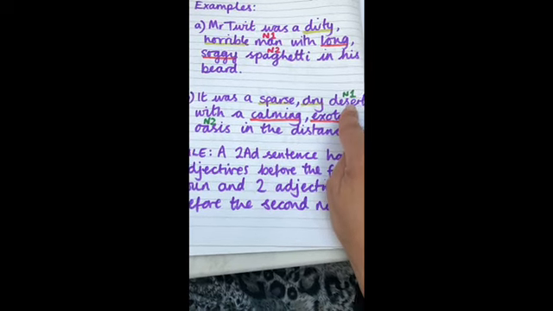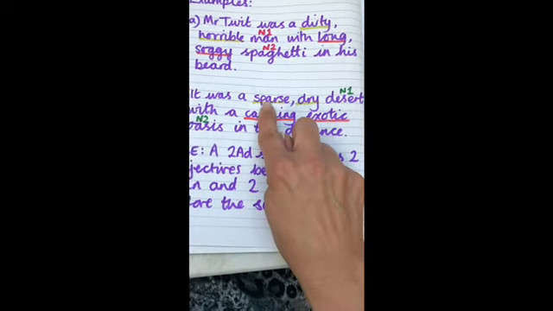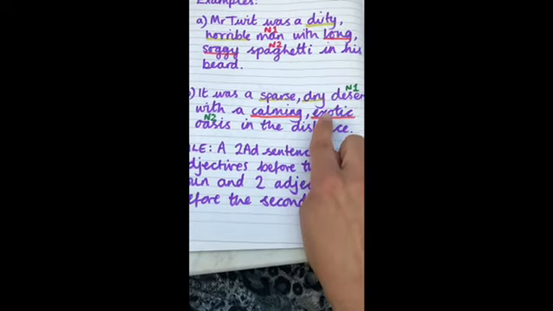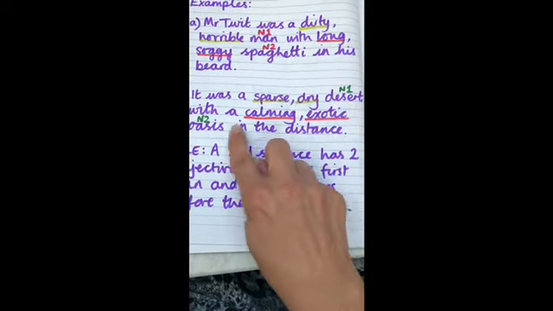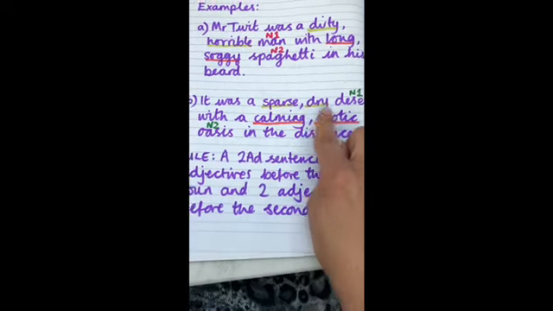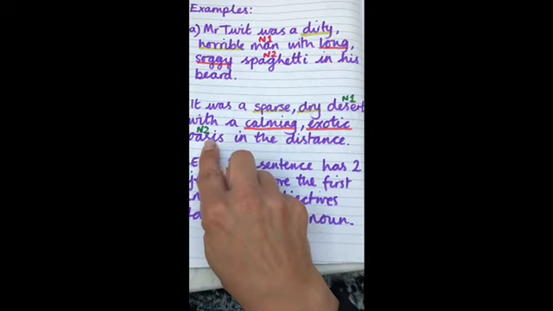Desert being our noun 1, so our noun with 2 adjectives. So what was the desert like? It was dry and sparse, and we've put it in this format. And it had a calming, exotic oasis in the distance. So oasis is our noun 2, and exotic and calming are describing what the oasis was like.